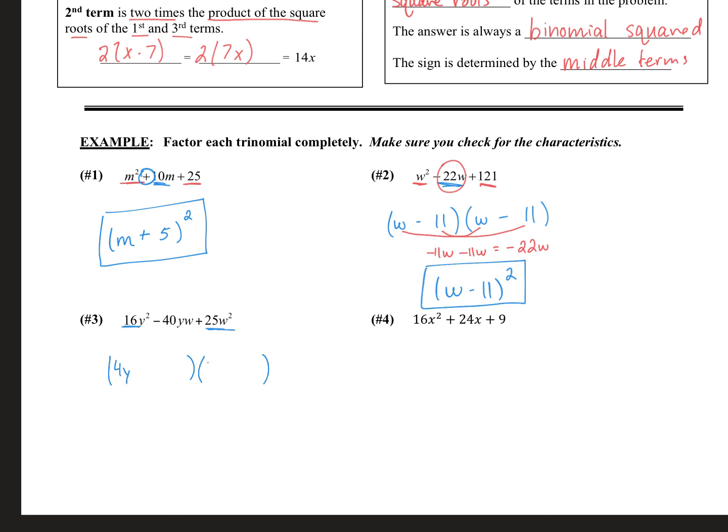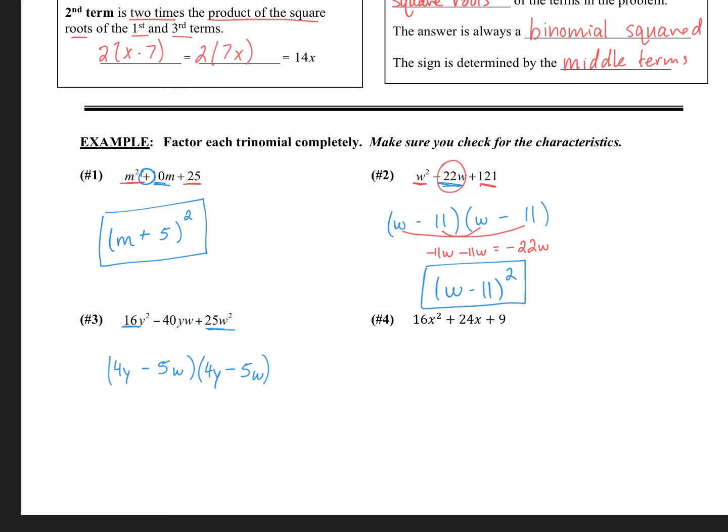So I'm going to write 4y here and 4y here. And the square root of that second term is 5w. So 5w and 5w. And then to determine the sign that goes here, we look at what sign that middle term has. And so since it's negative 40yw, we know that has to be negative and that has to be negative.